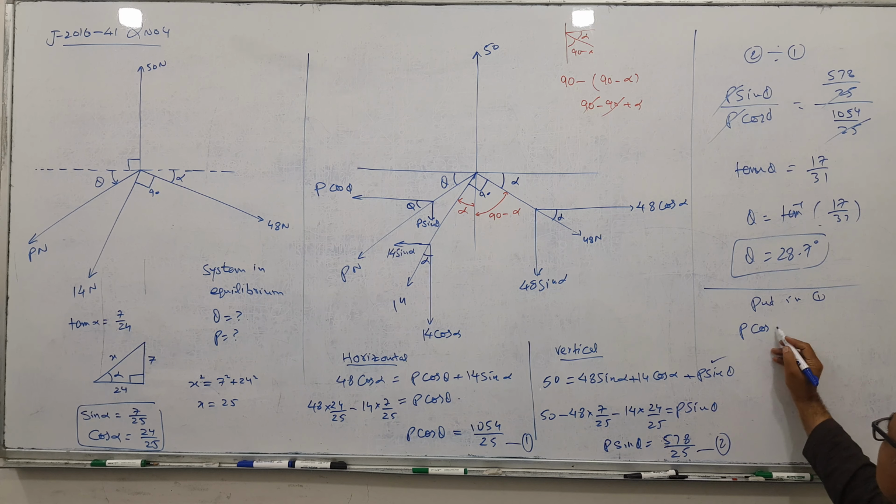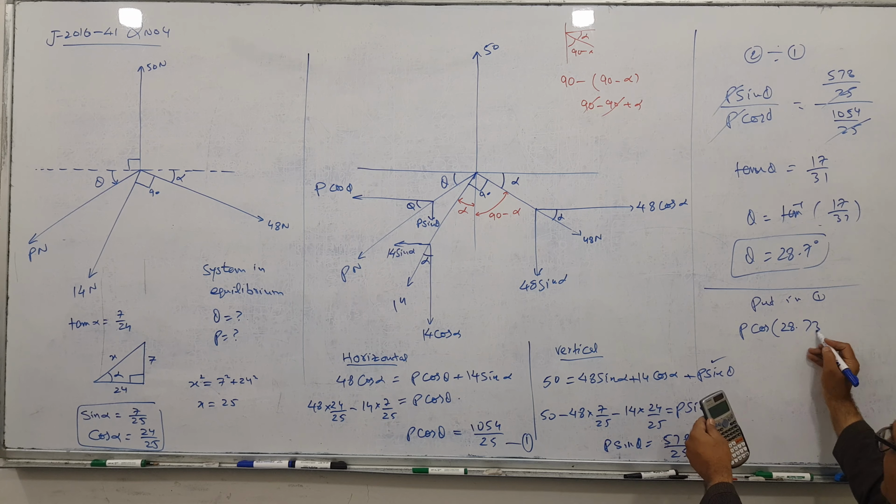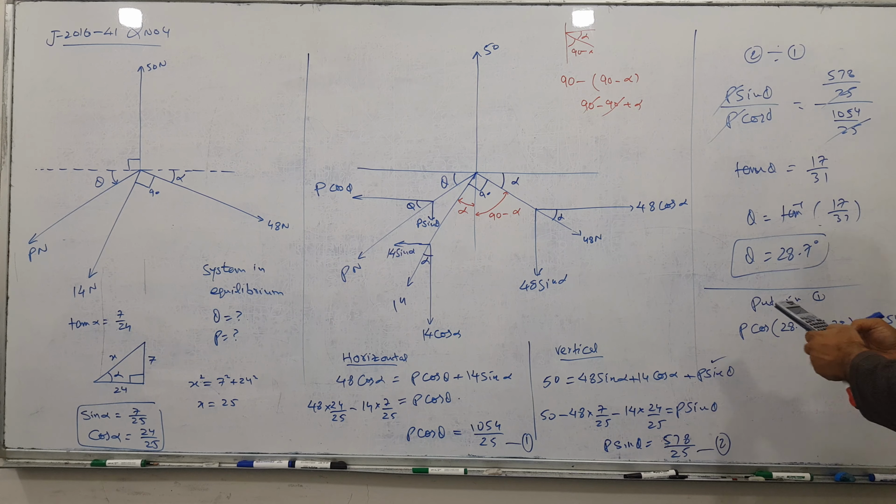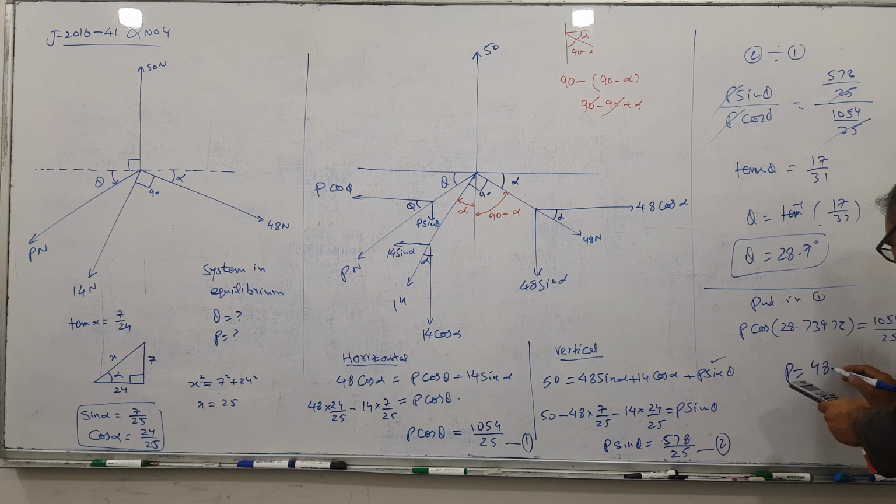P cos of 28.73979 equals 1054 by 25. Let's see what answer comes. Take cos of this angle, and I already have 1054 by 25, divided by the answer, and P comes to 48.08.